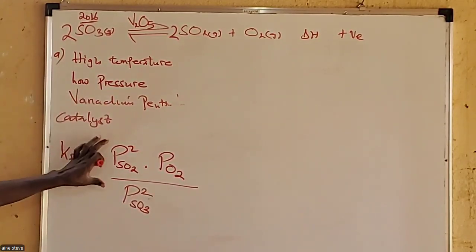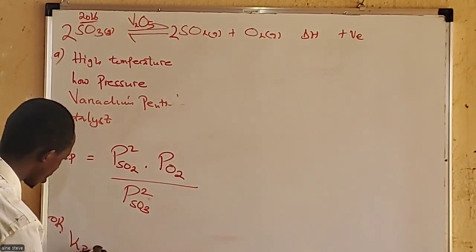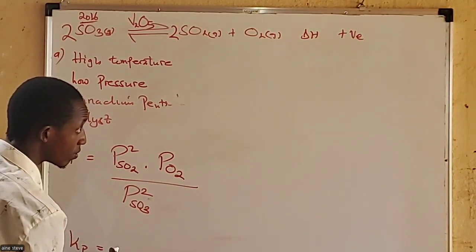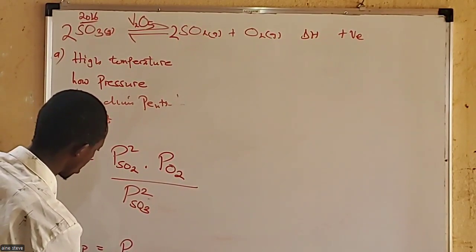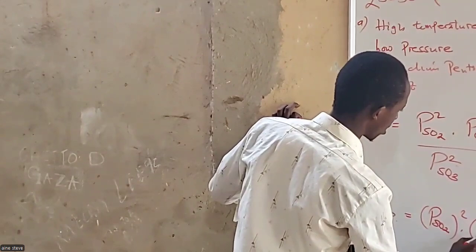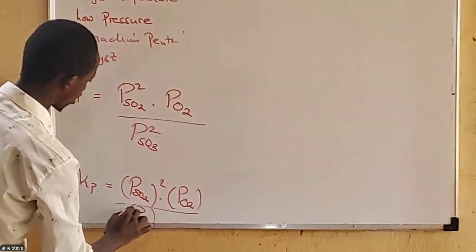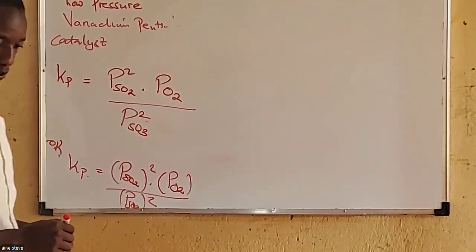You can write it like this, or a student can say Kp is equal to partial pressure of sulfur dioxide squared multiplied by partial pressure of oxygen divided by partial pressure of sulfur trioxide squared. So that is the expression.